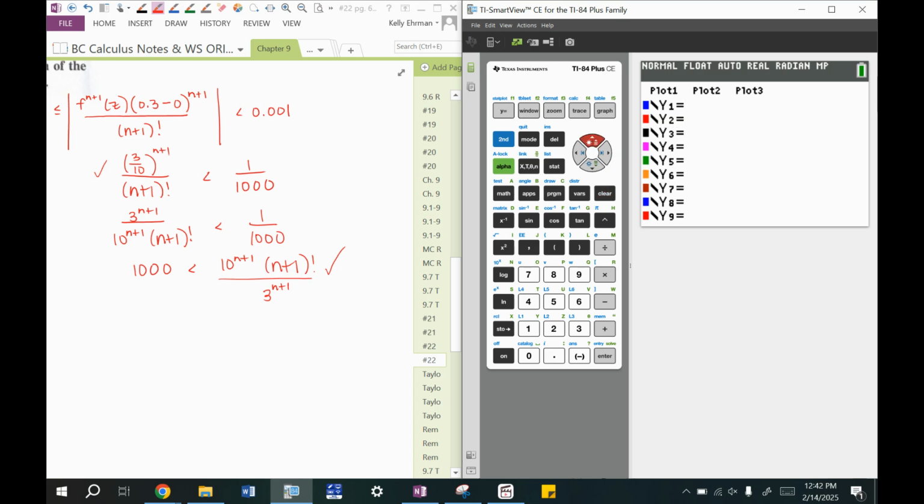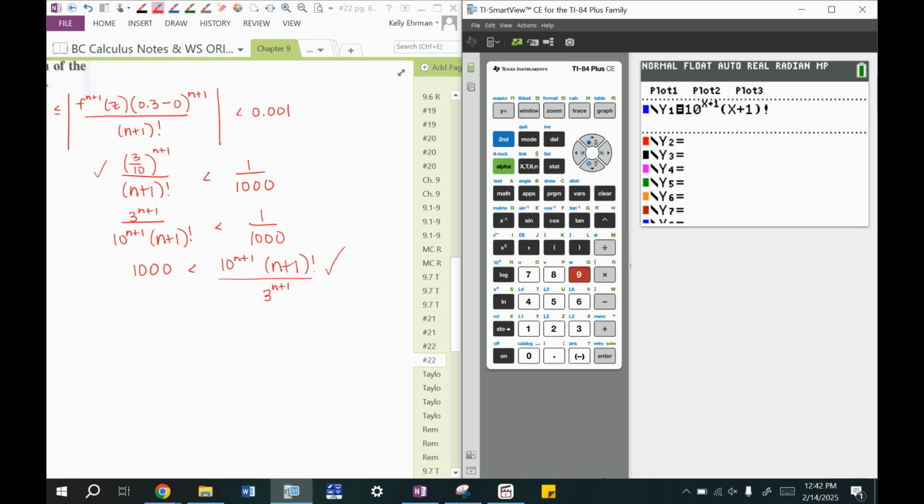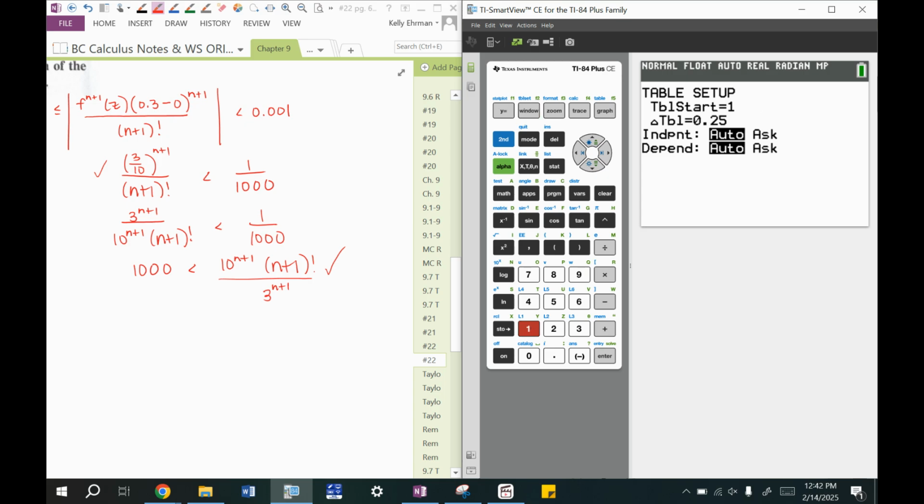I could type in 10 to the x plus 1 times x plus 1 factorial. You can do alpha window, there's factorial. Or it's in the math menu, math probability. We're dividing that by 3 to the x plus 1. I don't need parentheses around that because I'm just dividing by one term. And then I'm going to go to my window and have it start at 1 and count by ones.